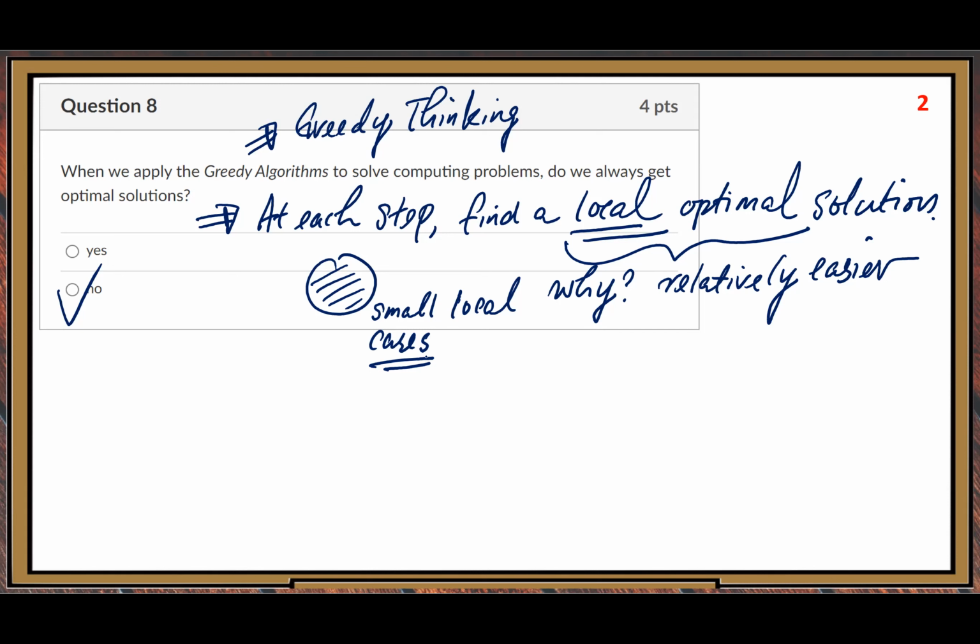But with local optimal solutions, when you put together a sequence of local optimal solutions, you may not get a global solution. So each step, you take the best local solution, right?